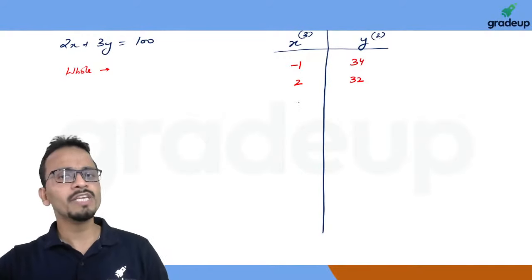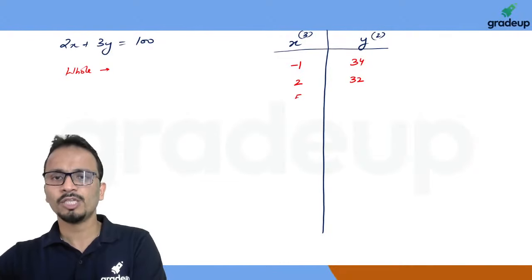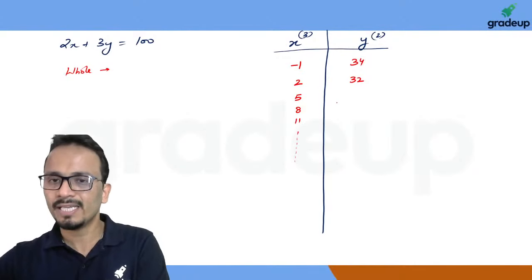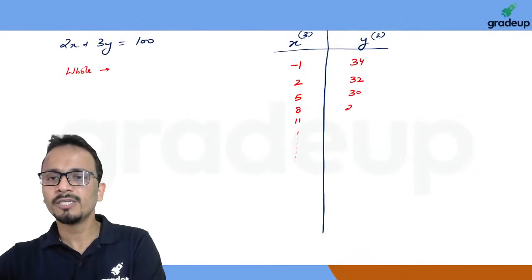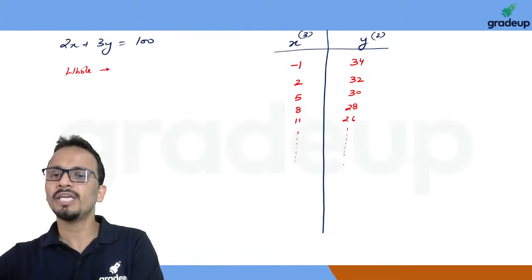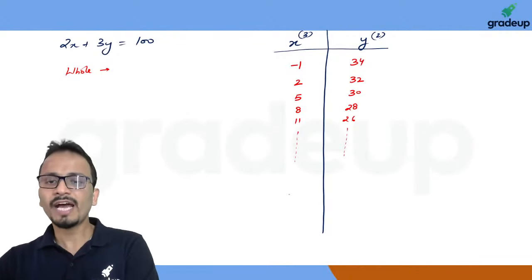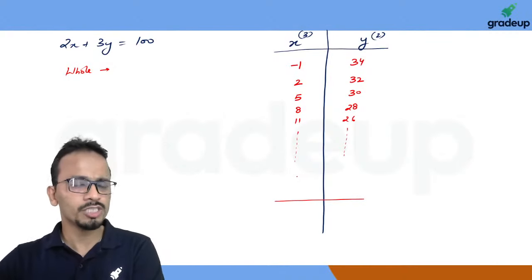So I'll move in the other direction and increase the value of x. x will become 5, 8, 11, and so on. x will keep on increasing and the value of y will keep on decreasing, 30, 28, 26, and so on. Now friends, if I keep on increasing the value of x, it will always remain positive.